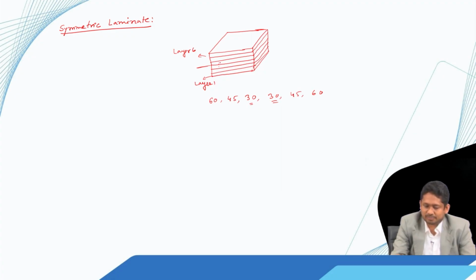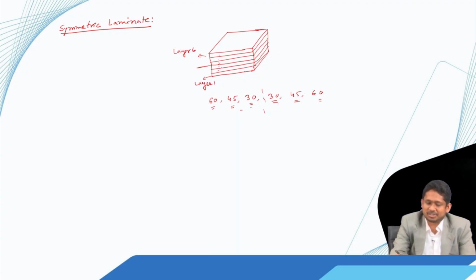If we go further one layer up, that means we are in the fifth layer. In the fifth layer, the ply has a 45 degree orientation, and again if we go further down, in the second layer we have 45 degree orientation. So, with respect to this midline, we have 30 30, 45 45 and 60 60.